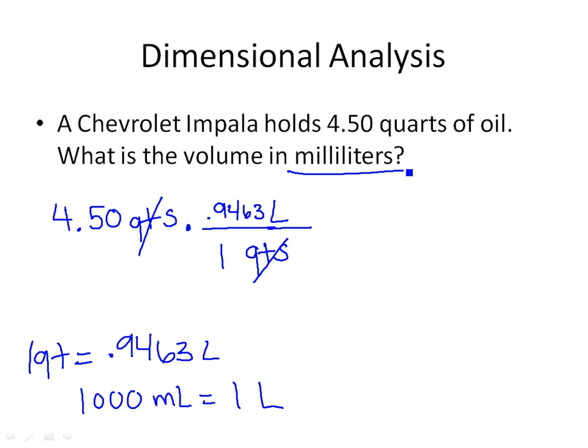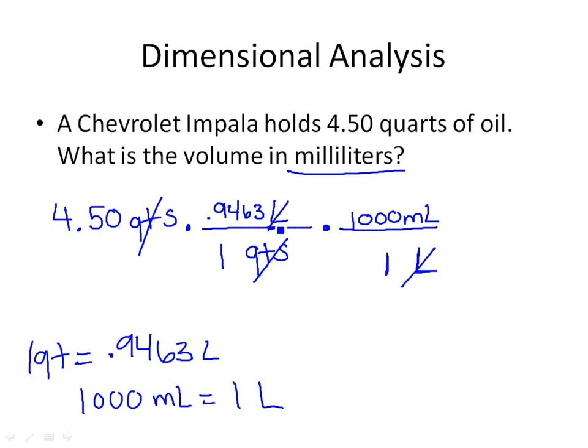We're not looking for liters. Okay, so we know we have to do another step. So before we plug in anything, we know if we have liters on top, we have to have liters on the bottom to cancel. Okay, in 1 liter, there are 1,000 milliliters. Now our liters can cancel.